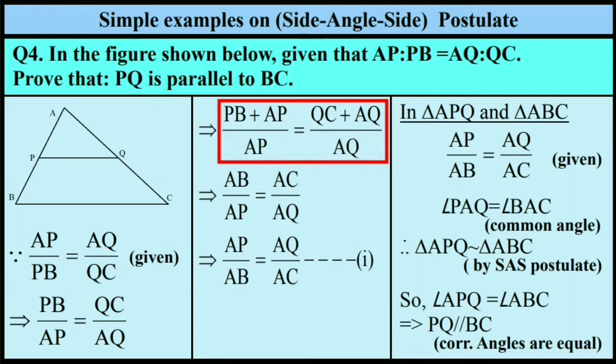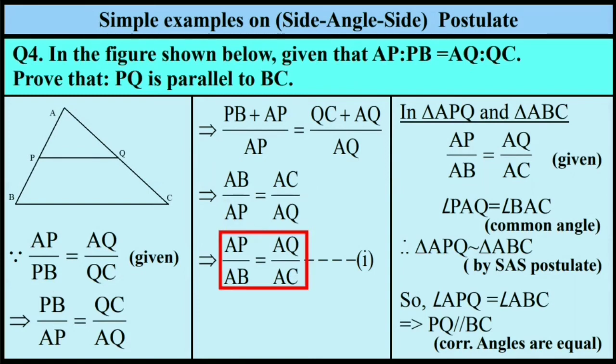Applying componendo, we obtain PB plus AP whole divided by AP is equal to QC plus AQ whole divided by AQ. Since PB plus AP is equal to AB and QC plus AQ equal to AC, the new equation is AB by AP is equal to AC by AQ. The equation is inverted and we obtain AP by AB is equal to AQ by AC.